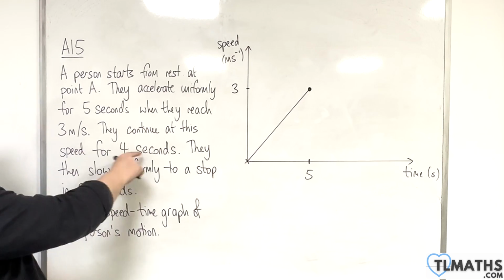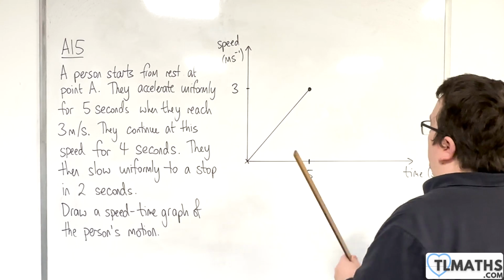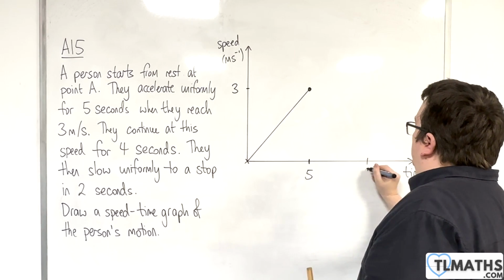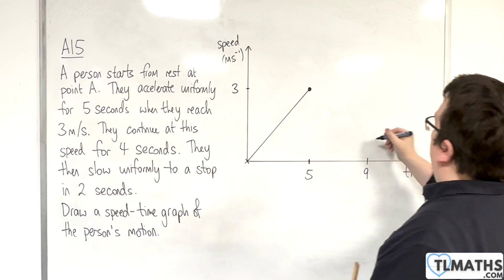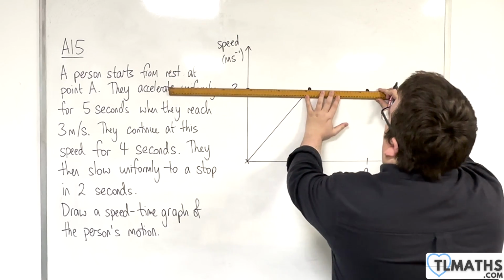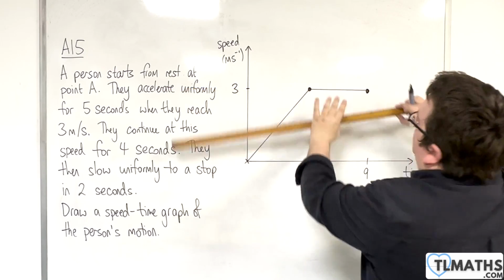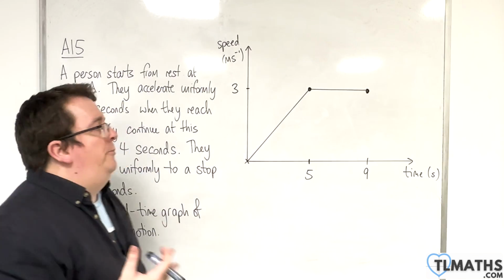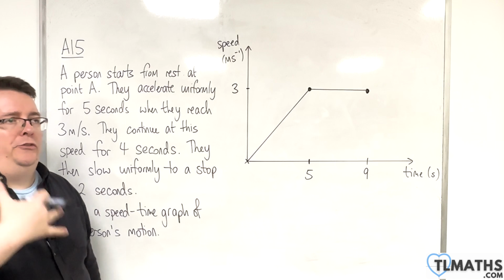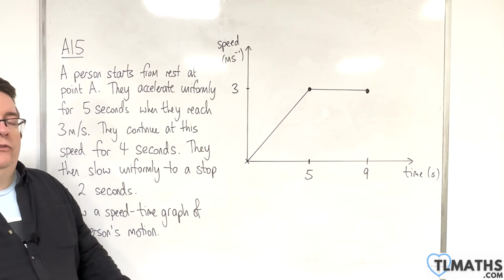They continue at this speed for 4 seconds. So for 4 seconds, that brings us up to 9. We remain at 3 meters per second. So this is what happens when you jump from the distance or displacement time graphs to speed and velocity time graphs.